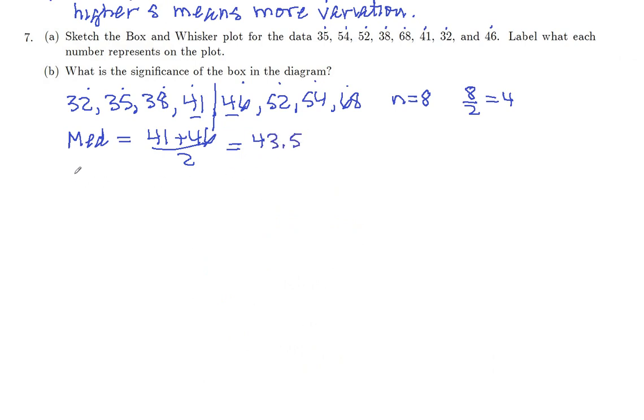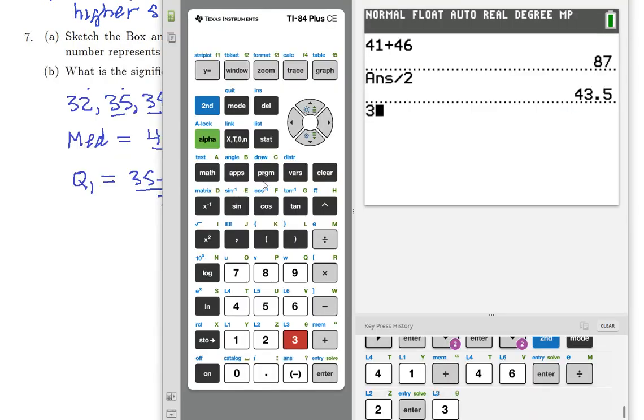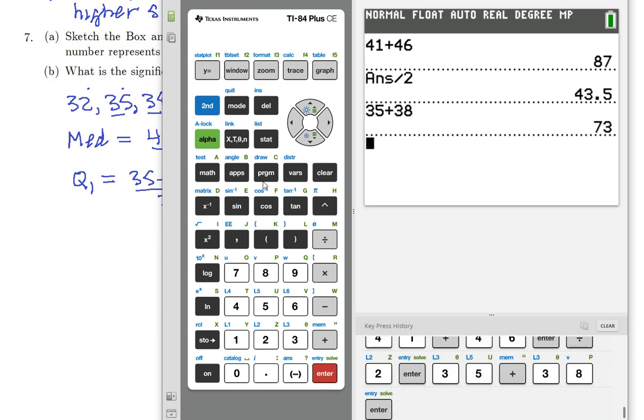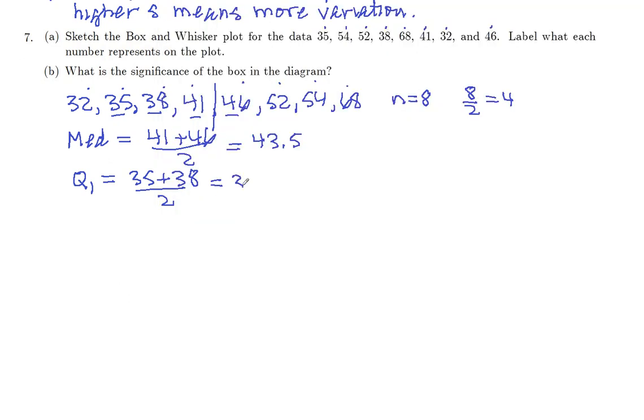And then we need the quartiles. So Q1 is the median of the lower half. Well, the lower half has 4 values. That means that 35 and 38 are the 2 middles. So we're going to average those. So 35 plus 38, divided by 2, 36.5.